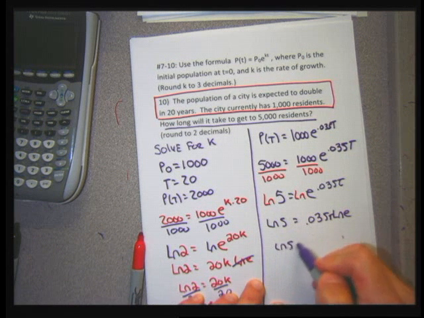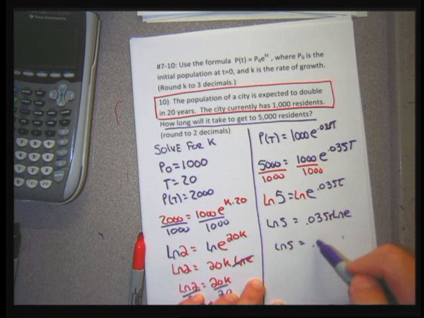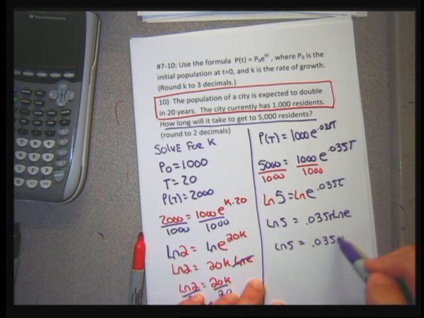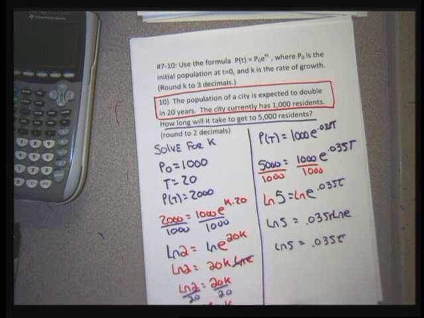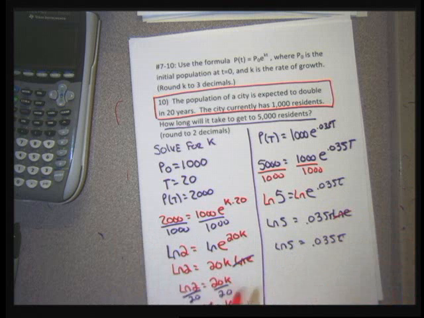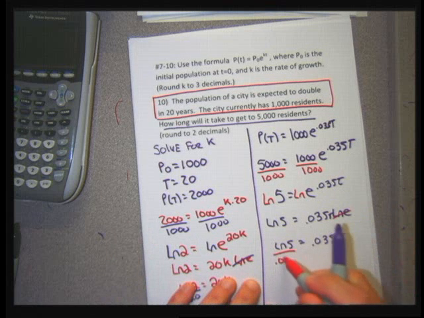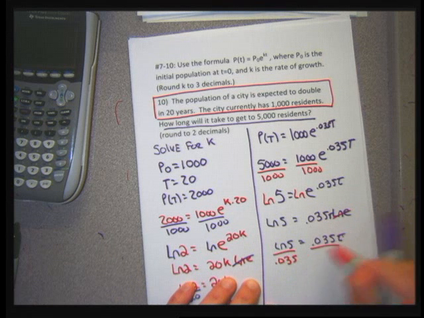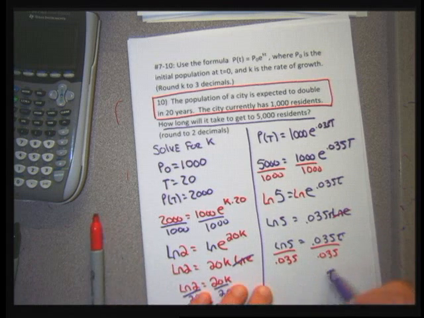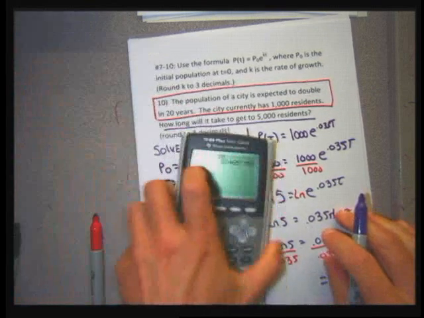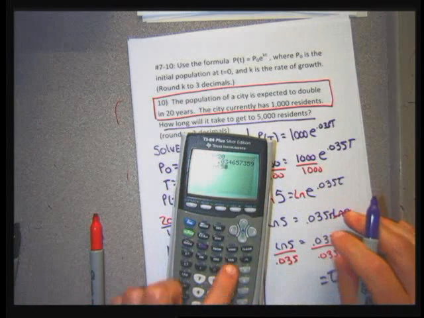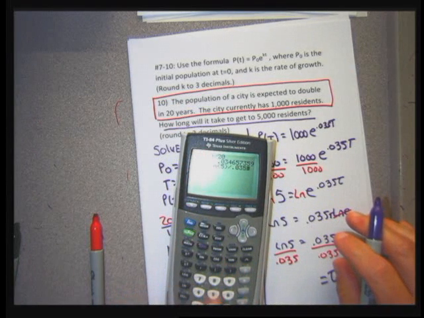Because the natural log of e is 1, I get natural log of 5 equals 0.035t. Divide both sides by 0.035 and break out my calculator. It's going to take me to my answer. So I'm going to get t equals, now I do the natural log of 5 divided by 0.035.